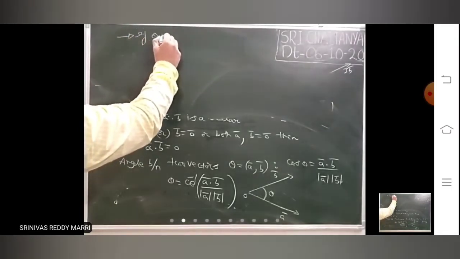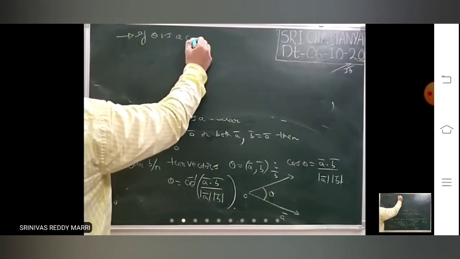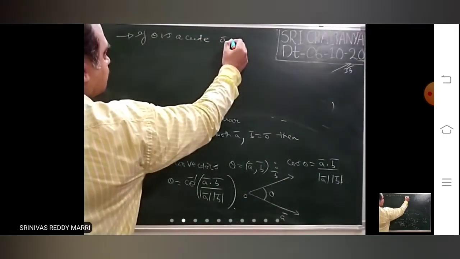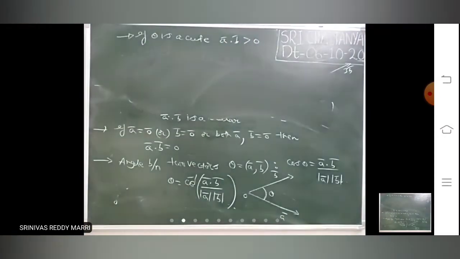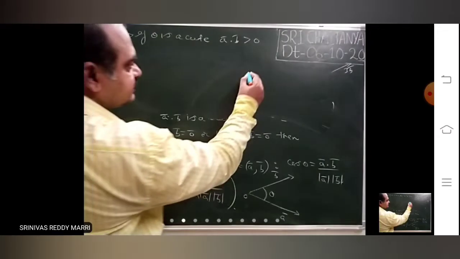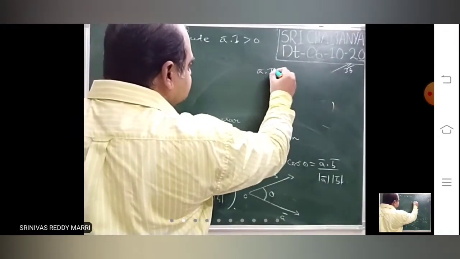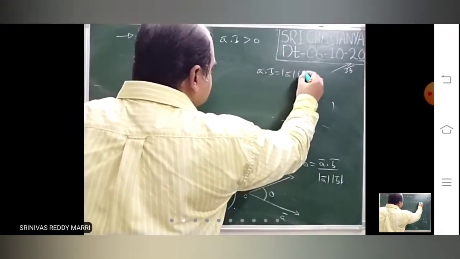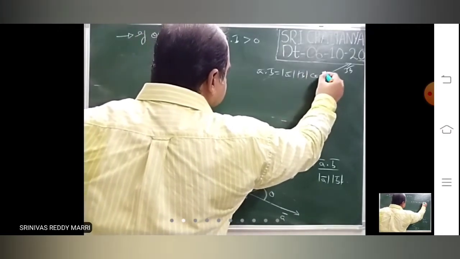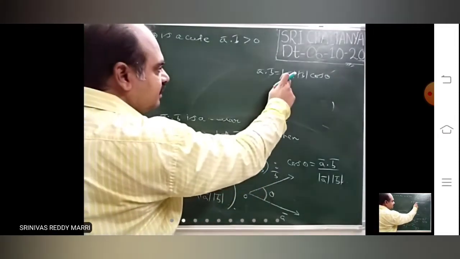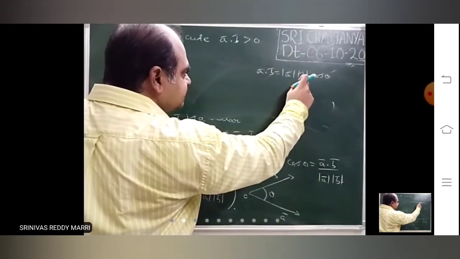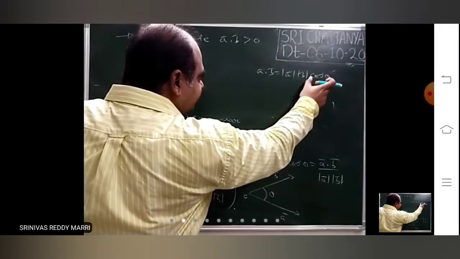If theta is acute, A dot B is greater than 0. Theta is acute means that in the formula modulus A bar into modulus B bar into cos theta, the cos theta is positive, since theta is in the first quadrant.